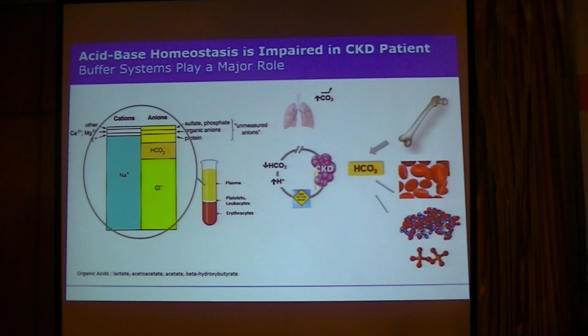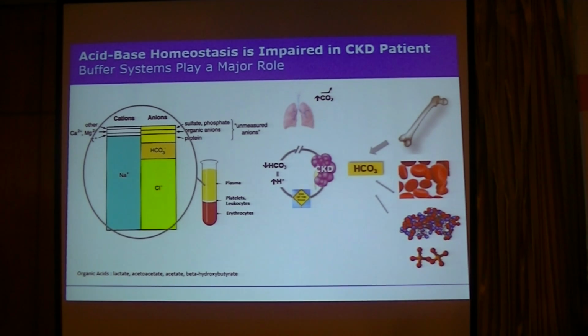So we have a nice way to make an assessment of acid-base just based on the bicarbonate concentration. We don't need arterial gas for this assessment, but we still have to look at the sodium, chloride, bicarbonate, potassium to make this calculation of the anion gap. This is the important one.